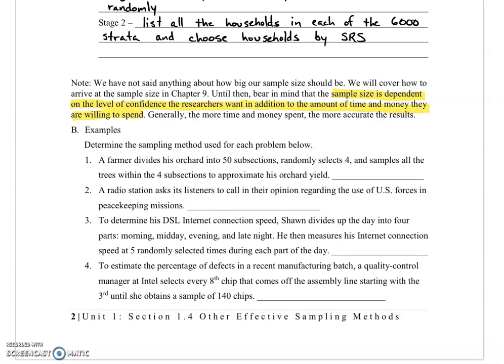So let's look at some examples and see if we can figure out what type of sampling method they used for each of them. In the first one, it says a farmer divides his orchard into 50 subsections, randomly selects 4, and samples all of the trees within those 4 subsections to approximate his orchard yield.